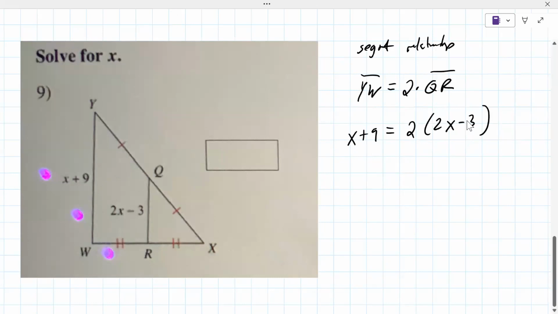The first one is that you have to distribute this to what goes on in parentheses. What happens when you distribute in here on the right? You've got to multiply 2 times all the things in the parentheses.